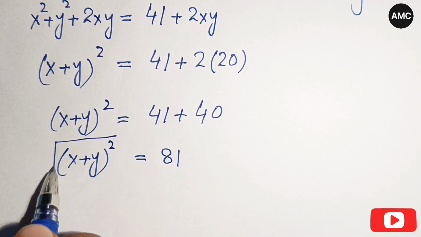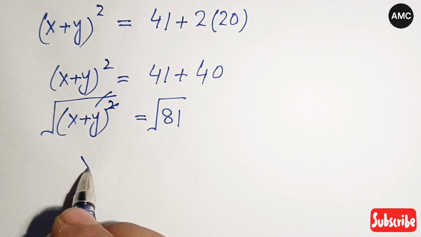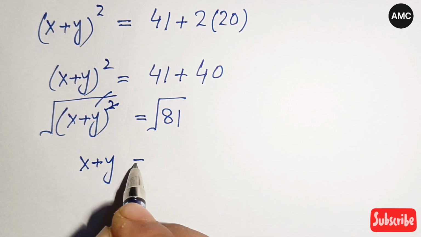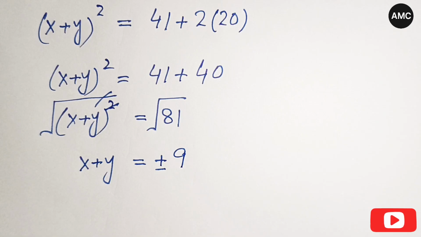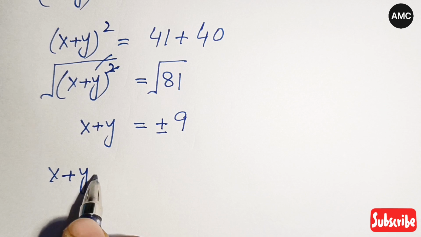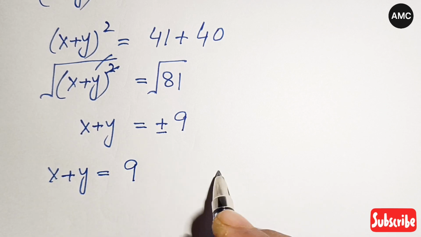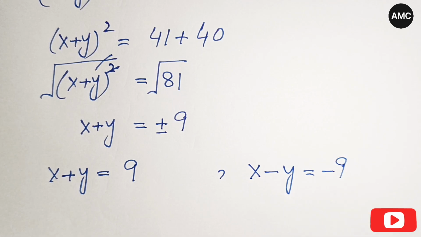Now taking square root on both sides, cancelling the square with the square root, we get x plus y is equal to plus minus square root of 81, which is 9. Now we have two possible values of x plus y. The first one is 9, and the second is minus 9.